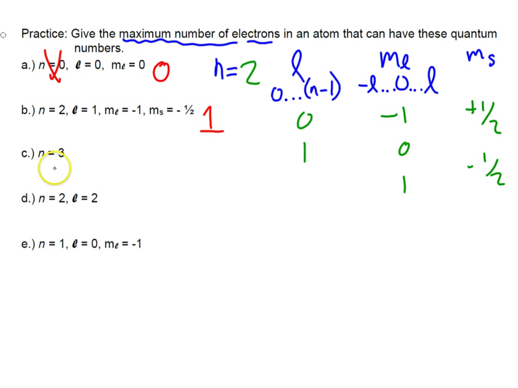For C, they've only given you a partial address, only the n value. So it's asking how many electrons can fit in the third energy level. To solve this, what you would do is set up n equal to 3 and determine the L's from there. 0 to 2.